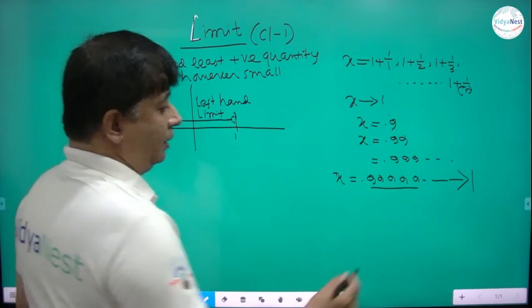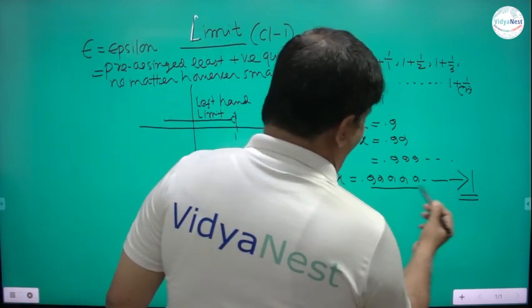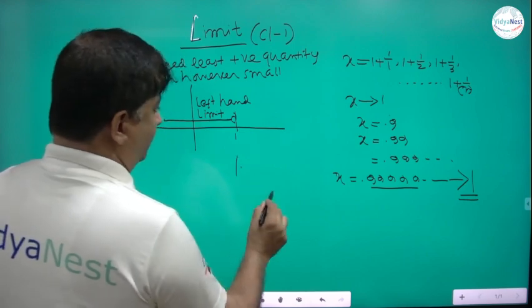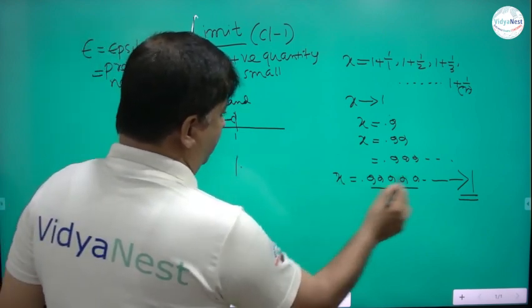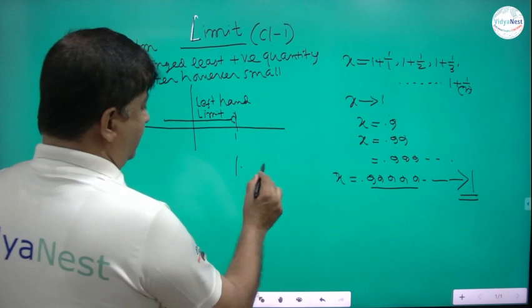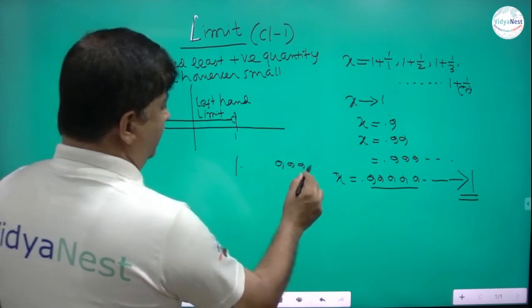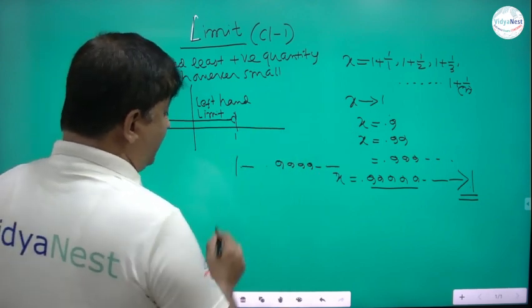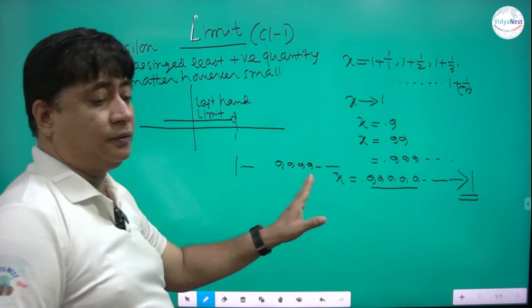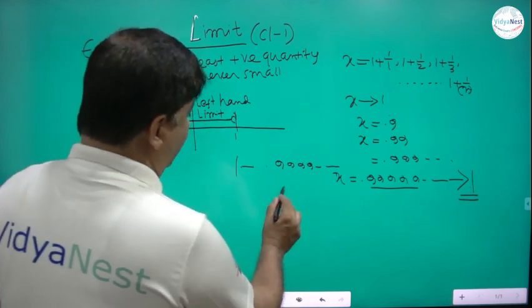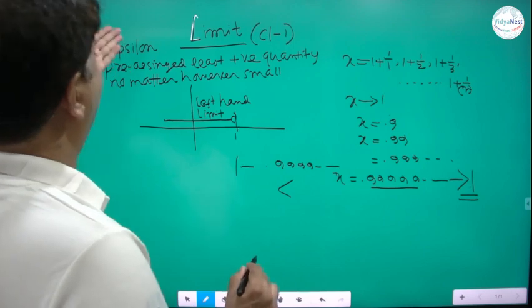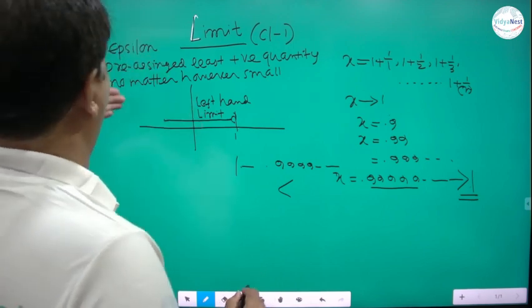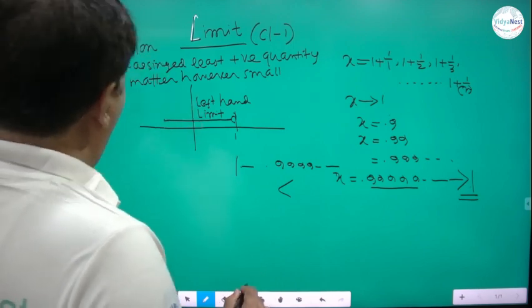So if that value of 1 and 0.999, the difference between 1 and this value, if lesser than that pre-assigned least positive quantity, which is called epsilon, what is its value?